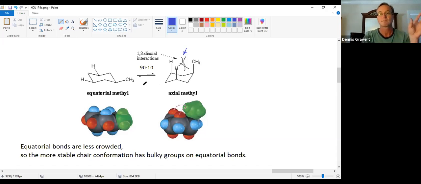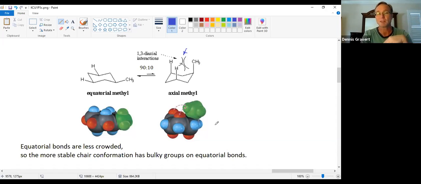But if you take a quick screenshot of all the 1-methylcyclohexane molecules, you'll find about 90% of them at any one time in this conformation, where methyl is equatorial. But you still find about 10% of the time, what's that methyl doing in the more crowded position? It just has higher energy. Somehow it collided with something and was forced to wiggle so that the methyl group is now crowded.